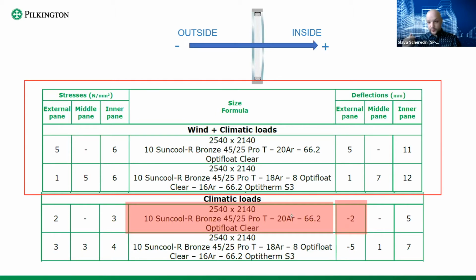Not only we, meaning Pilkington, but our competitors also usually give this type of calculations. But you need to understand where to look. And in the design of an IG unit, as basically everywhere, it is very important to know where to look for proper numbers.